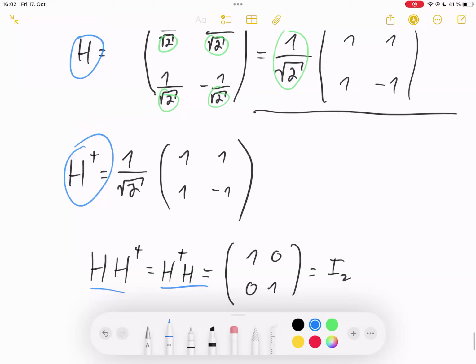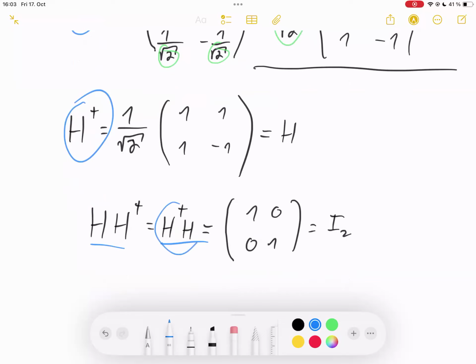Well, here actually you just need to do it once, since we see H dagger is just H. So try out H times H dagger, or just H with itself, since H dagger is the same as H. And check whether you get this result 1, 0, 0, 1.